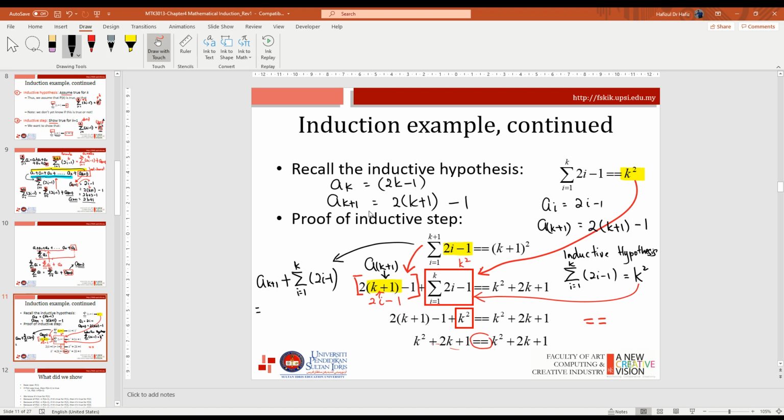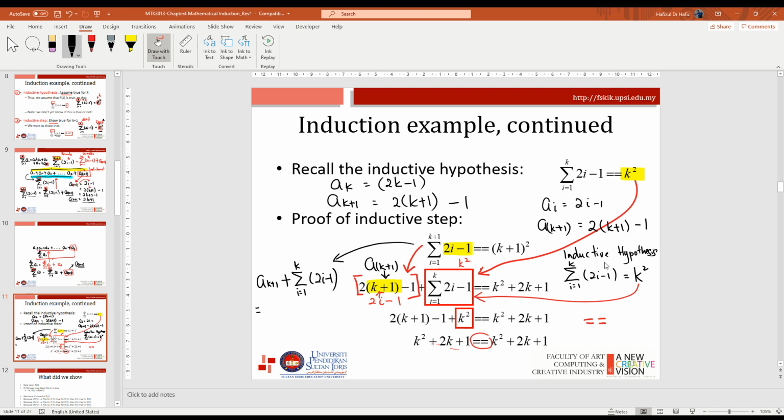So a(k+1) plus the sum from i to k of (2i minus 1). For the sum, we replace 2i minus 1, and here we replace a(k+1). So plus k power of 2, equivalent to k power of 2 plus 2k plus 1.